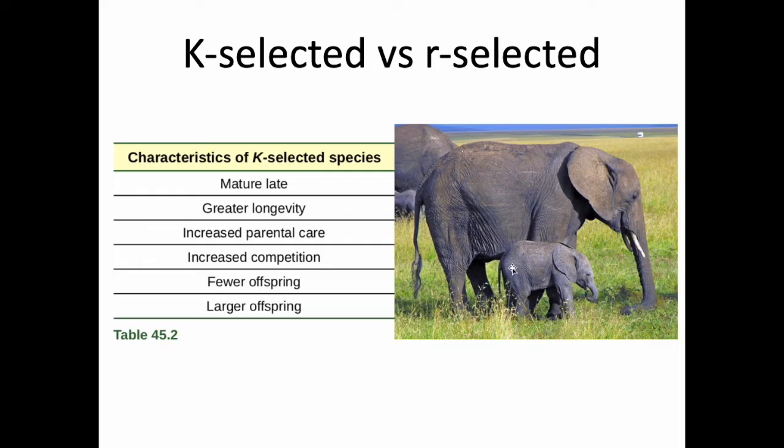And they're having very few offspring, but they're taking a lot of care of them, making sure that they survive and become adults themselves and start reproducing themselves. So this is the sort of low and slow approach to getting up to carrying capacity.